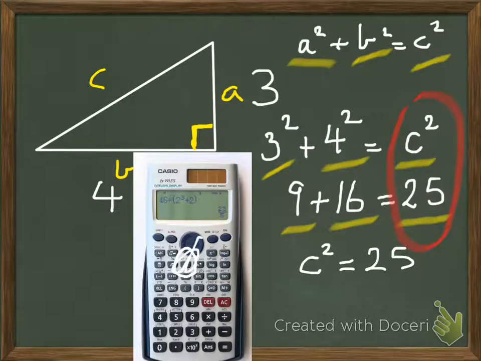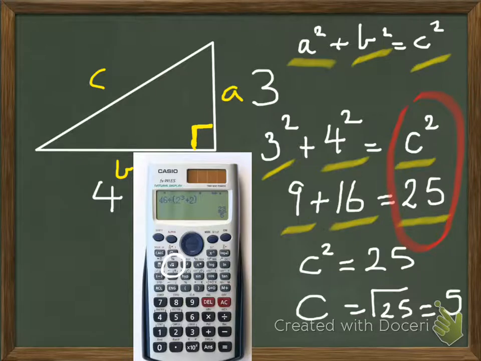You will either know the square root of 25, because we just want C, or you can do that on your calculator. C equals the square root of 25, which is 5.